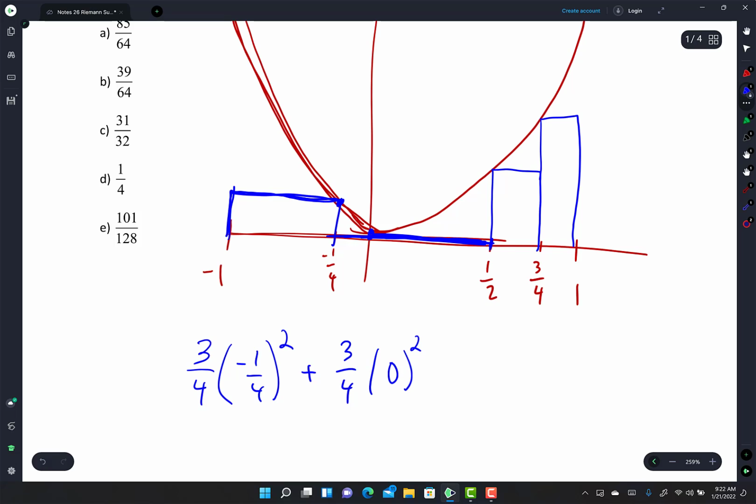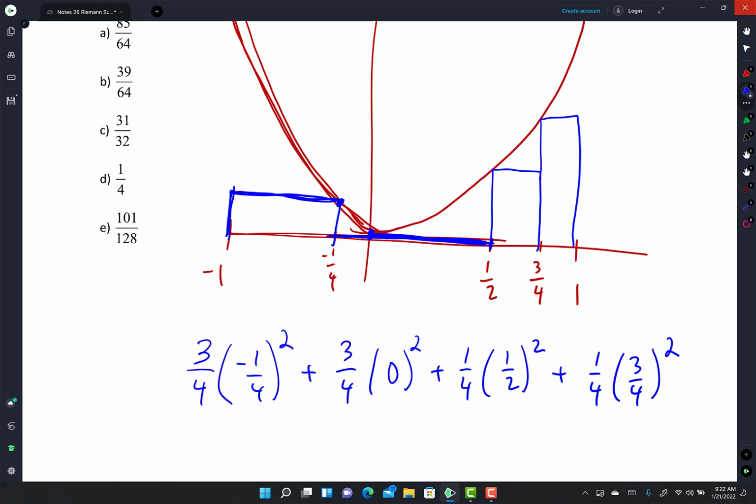That's technically the second rectangle. Plus, the difference between a half and 3/4, that's 1/4. So 1/4 times 1/2 squared, plus 1/4 times 3/4 squared.